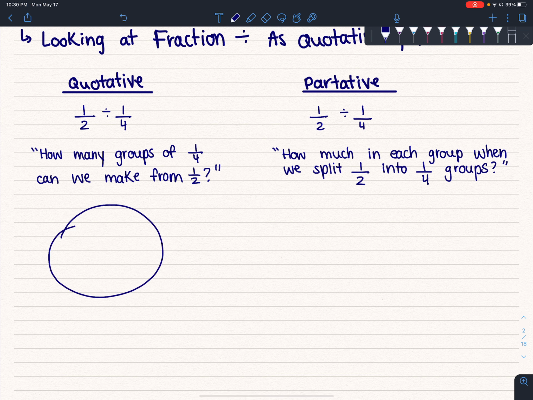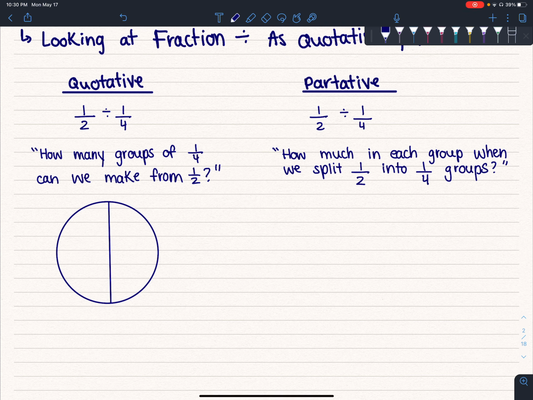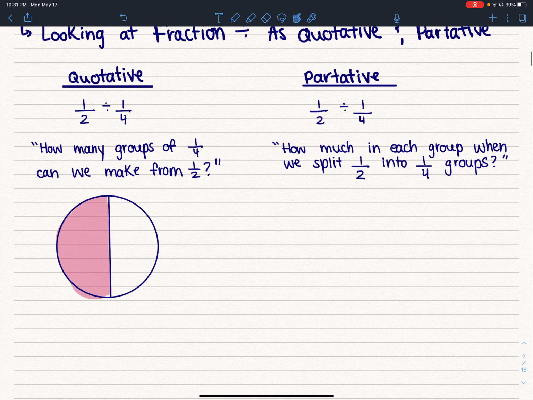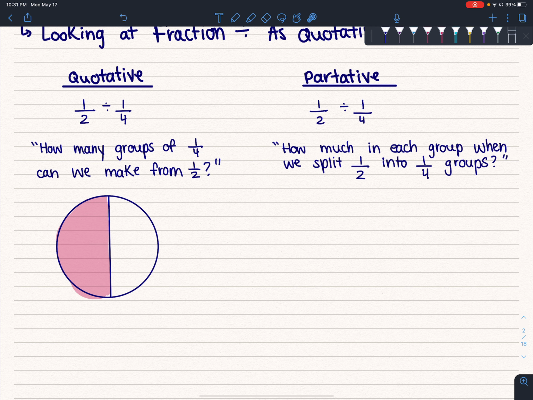We're going to draw it out. So let's get ourselves a little circle. I'm cutting it here in half. And so we have a half, right? We're starting off with a half. Let's shade that in. That's right over here. So that's a half, and we're asking ourselves how many groups of a quarter can we make?